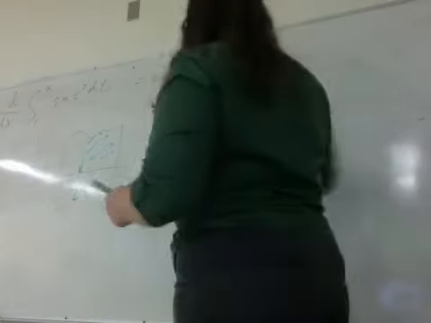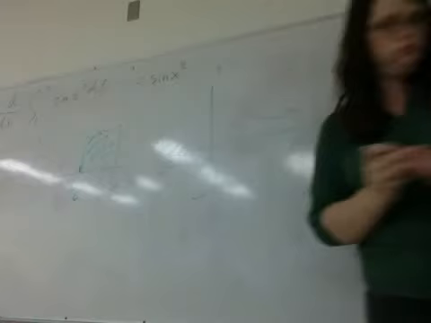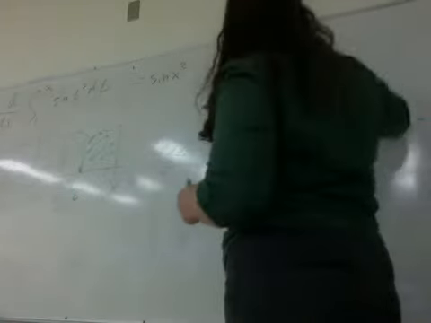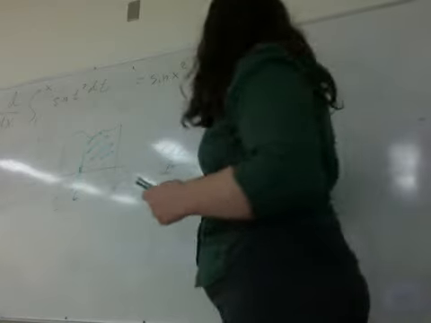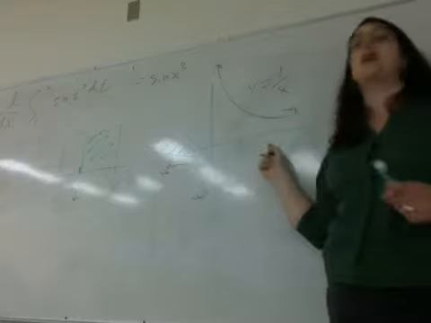function 1 over x. Okay, I need a different black marker. The function 1 over x looks like this. It's a discontinuous function because it's got two different pieces to its graph.